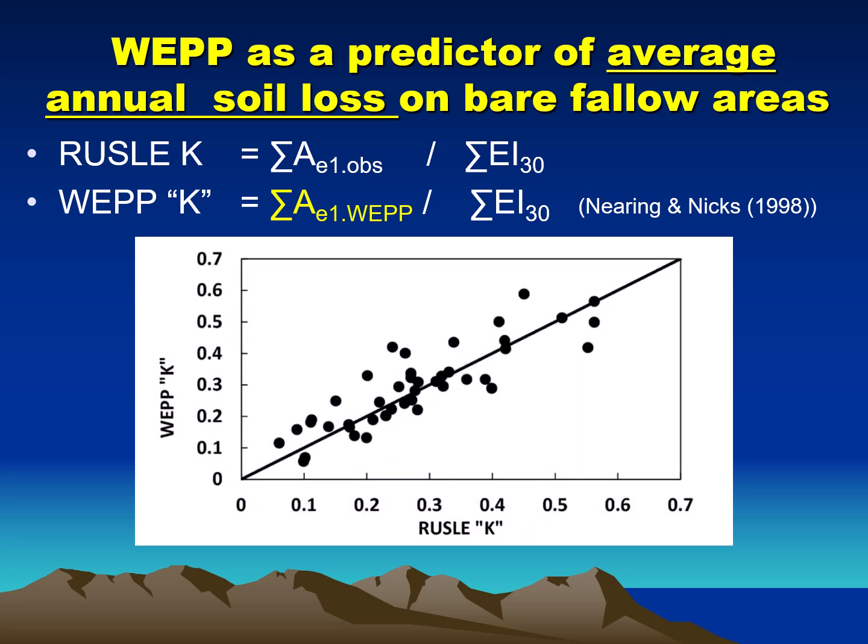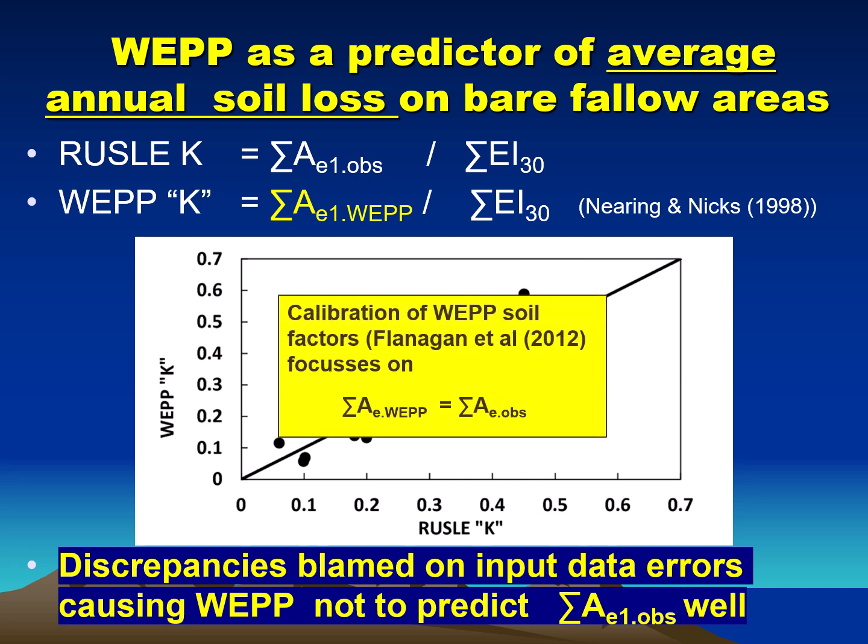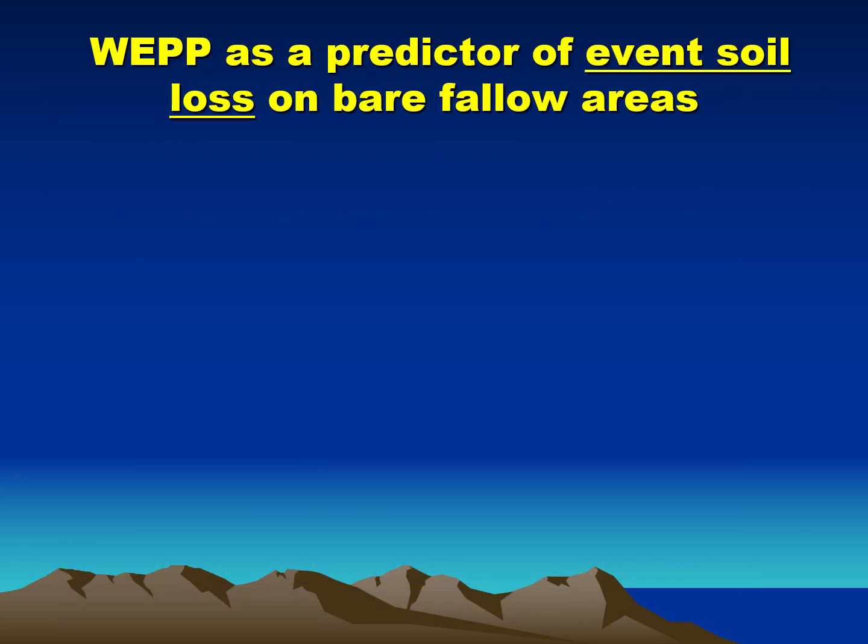When this was done, this result produced discrepancies that were blamed on input data error, causing the WEPP not to predict the observed soil loss totals well. You can calibrate WEPP to overcome this problem. If you do so, you can look at WEPP as a predictor of event soil loss on bare fallow areas.